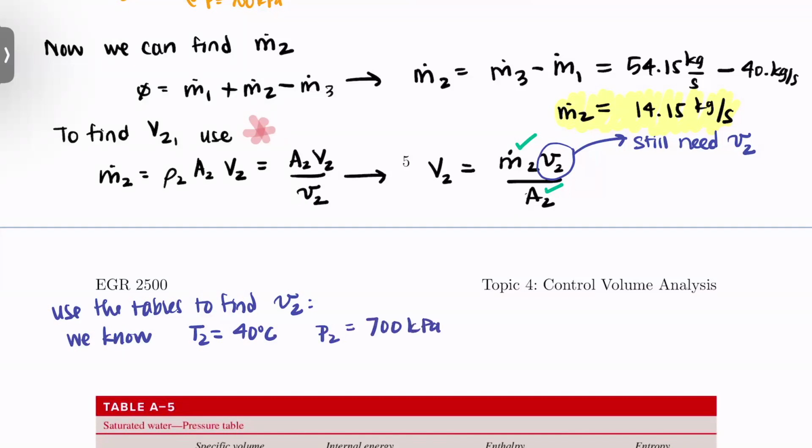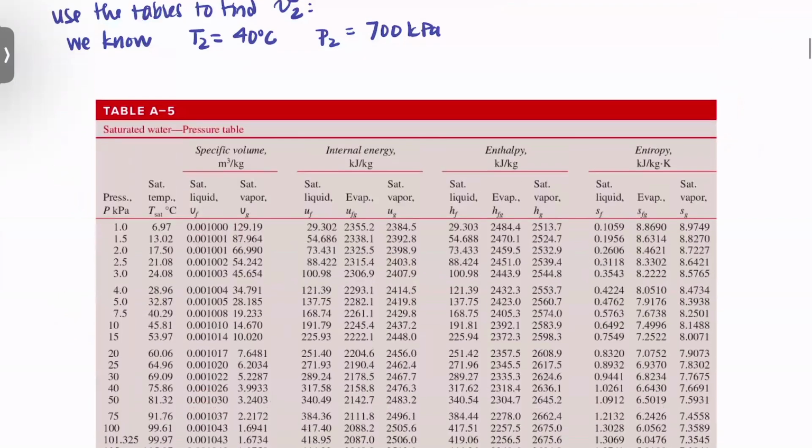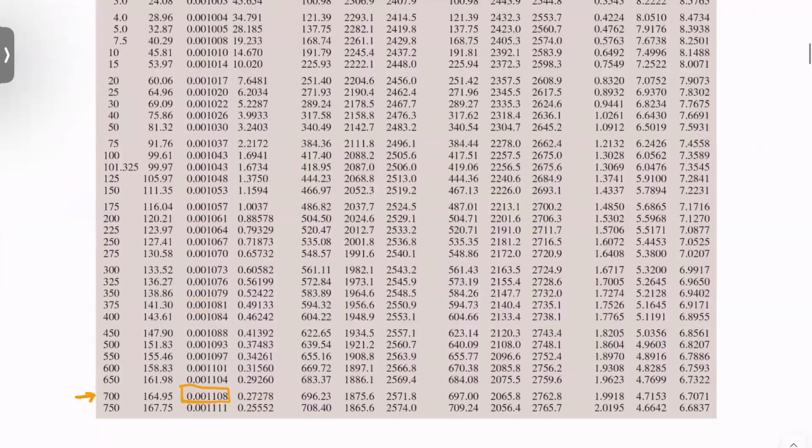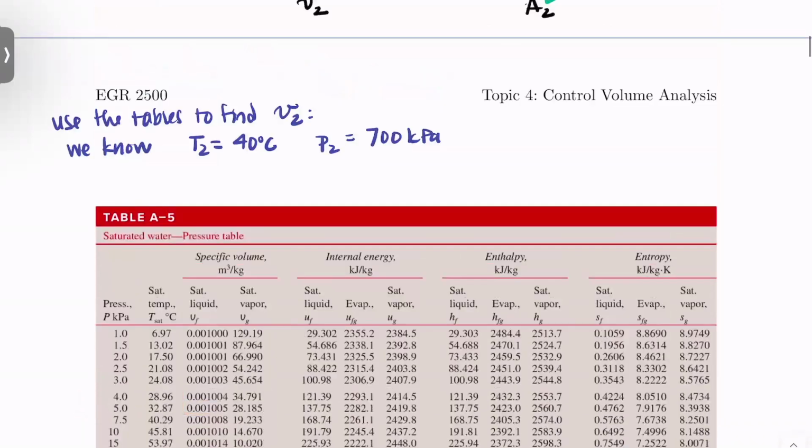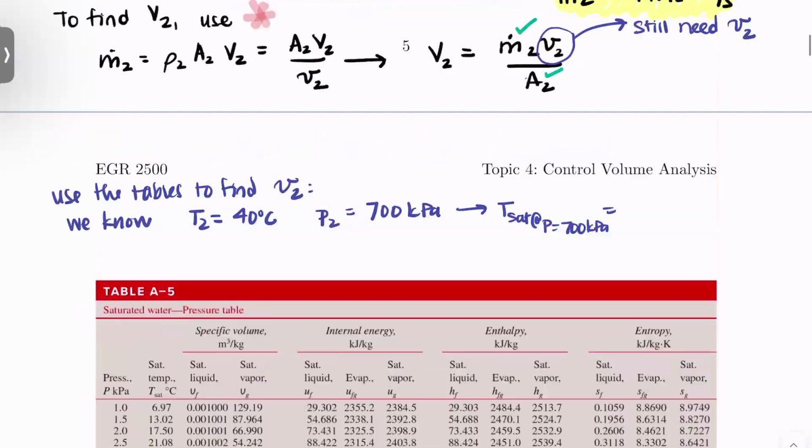So what should we do first? We need to figure out the state, right? So since we have our pressure table handy, I'm going to go to our 700 kPa. So we have our saturation temperature. T sat at P equals 700 kPa is 164.95.